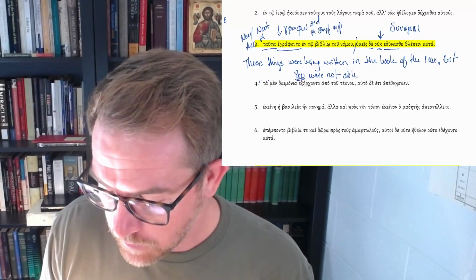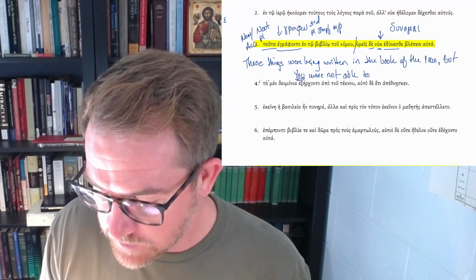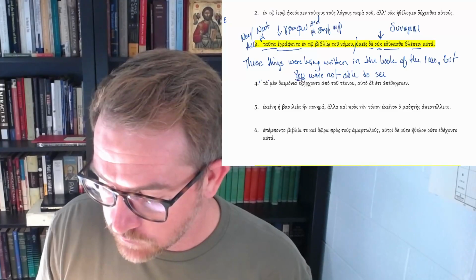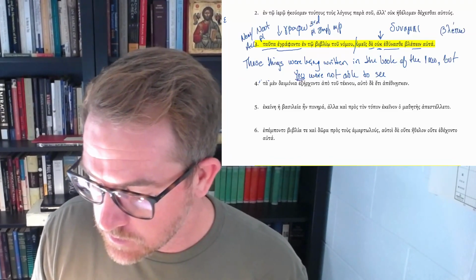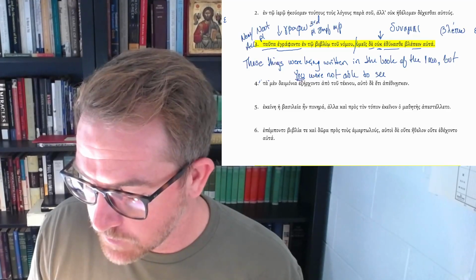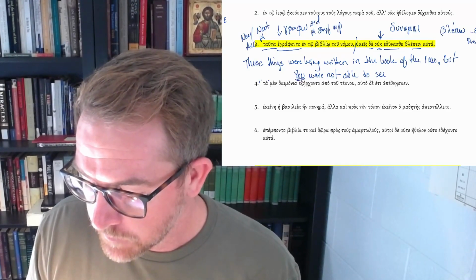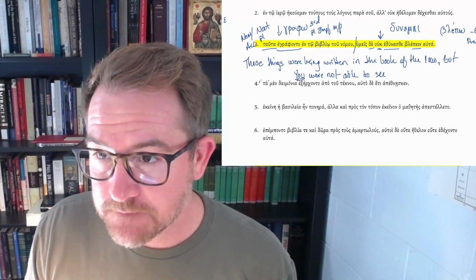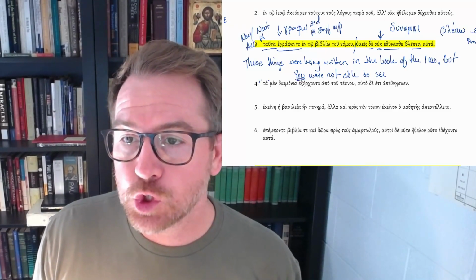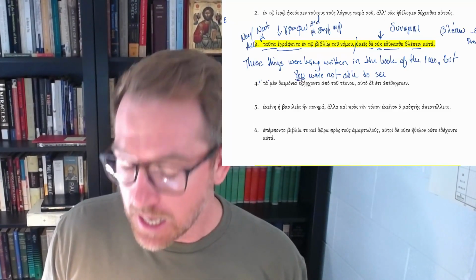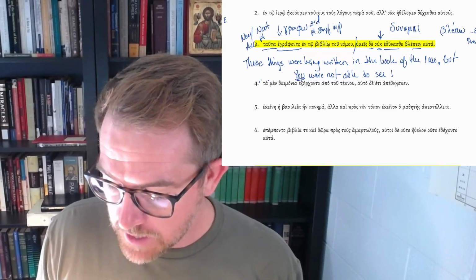Able. Blepein, to see. Blepein is from blepo. And that ein ending tells me I'm looking at a present active infinitive. So you were not able to see auta, them.